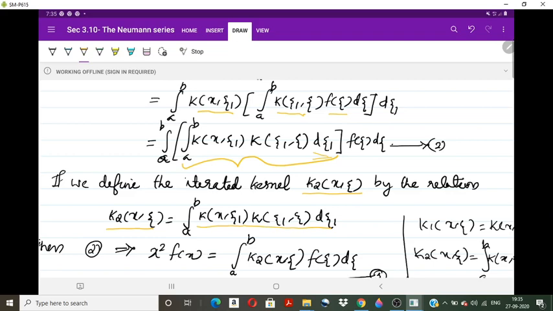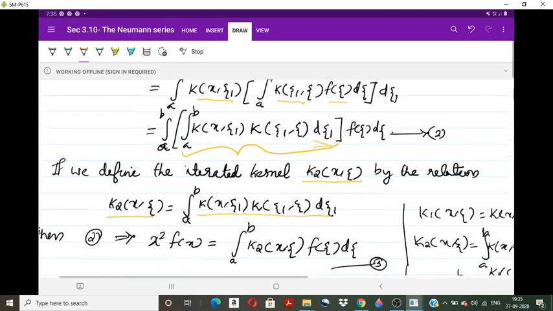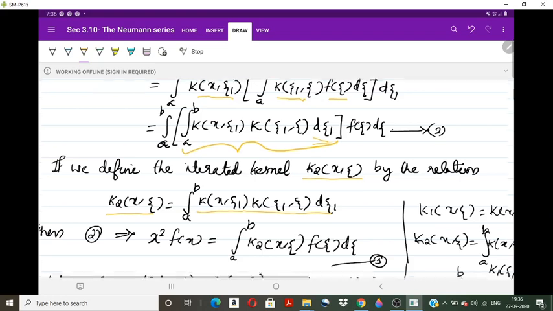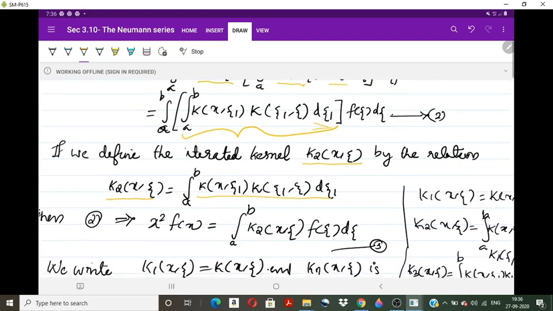This is the second iterated kernel k2. Then equation number 2 becomes kappa square f of x is equal to integral a to b k2 of x theta f theta d theta. Let this be equation number 3. Also we write k1 of x theta as k of x theta itself, the kernel itself.